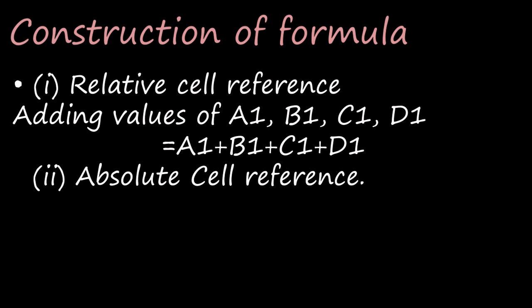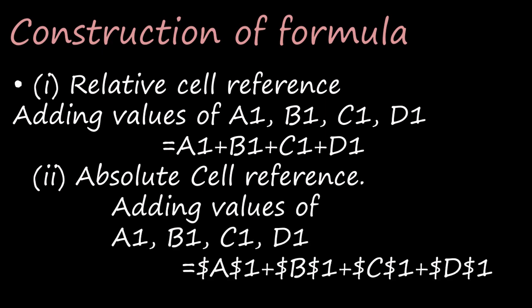The other one is absolute cell reference. Absolute cell reference means while writing a formula, if you use a dollar symbol in front of the column name and the row number, it becomes an absolute cell reference. Here they are adding values of A1, B1, C1, D1. Before A they have given a dollar symbol, and before 1 a dollar symbol is there.